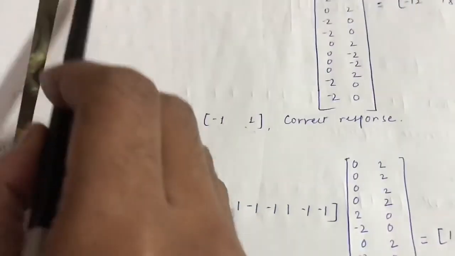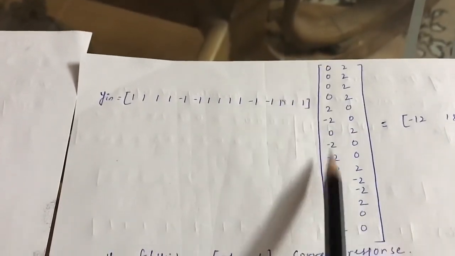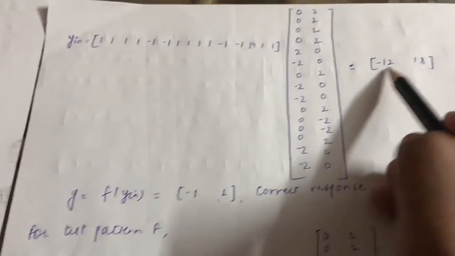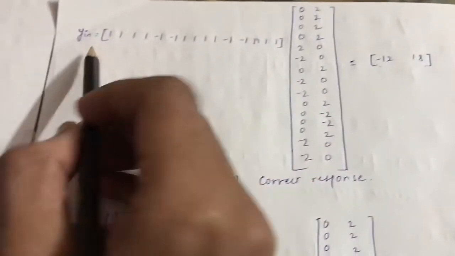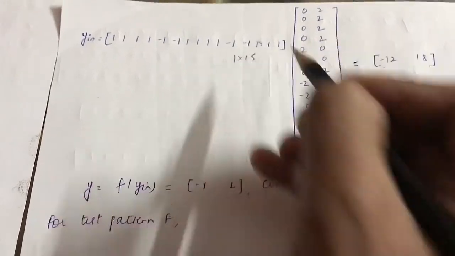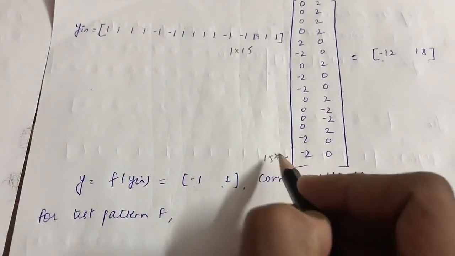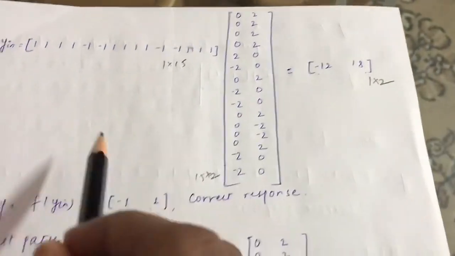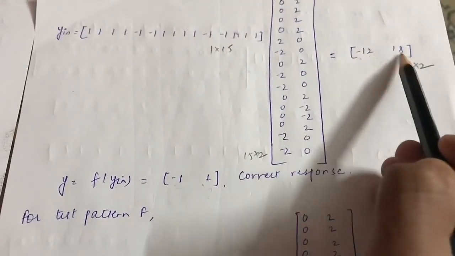So y is equal to this into this, and you get minus 12 and 18. This is a 1 cross 15 matrix, and this is a 15 cross 2 matrix. So what you will get is a 1 cross 2 matrix. So after multiplying these two, you have got minus 12 and 18.